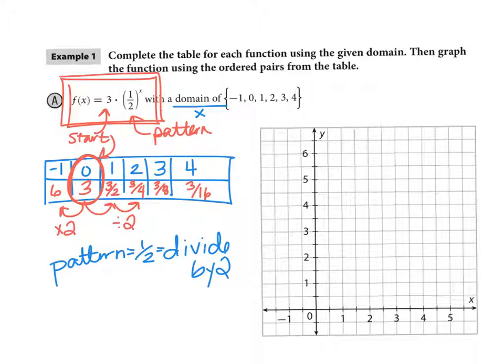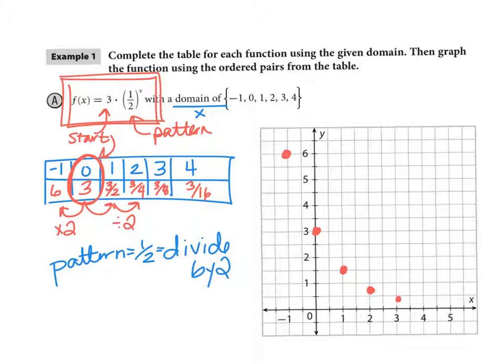To graph that, we literally just take the points that they give us and put them on the graph. So -1 is at 6, 0 is at 3, and then 1 is at half of that, 3 over 2, we're just cutting that in half, that's like 1.5, and then half of that, and then half of that.